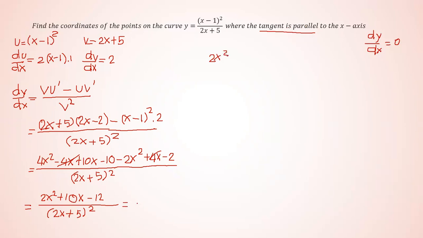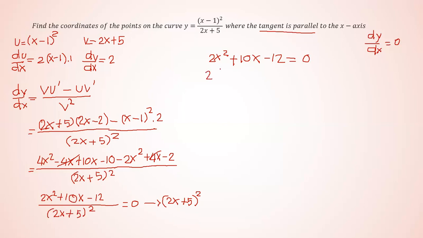If this equals 0 and we multiply by this denominator, all terms on the left side times (x plus 5) squared, and 0 on the right side times (x plus 5) squared, the outcome is this one: negative x squared plus 10x minus 12 equals 0.